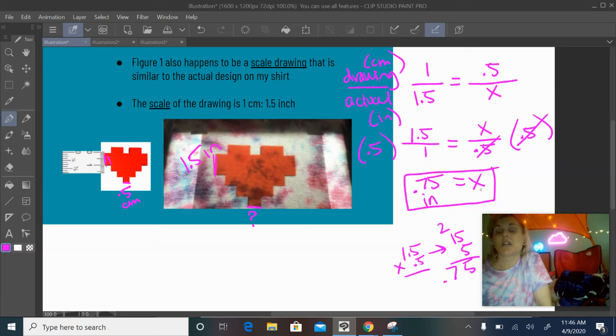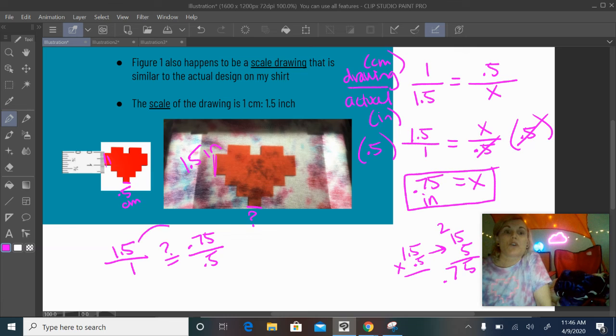When you're done after you solve your proportion, make sure that it makes sense. Does it make sense that 1.5 over 1, using my proportion here, is equal to 0.75 over 0.5?